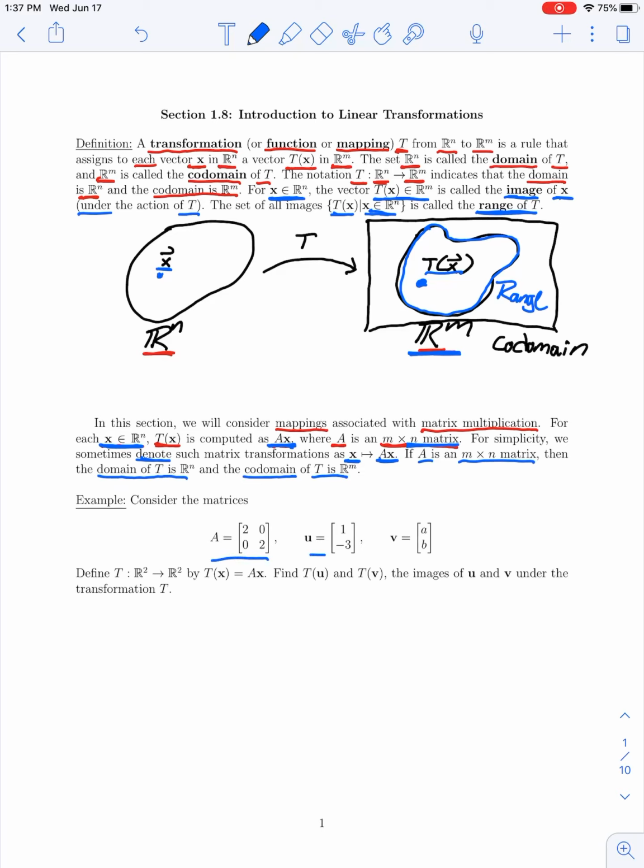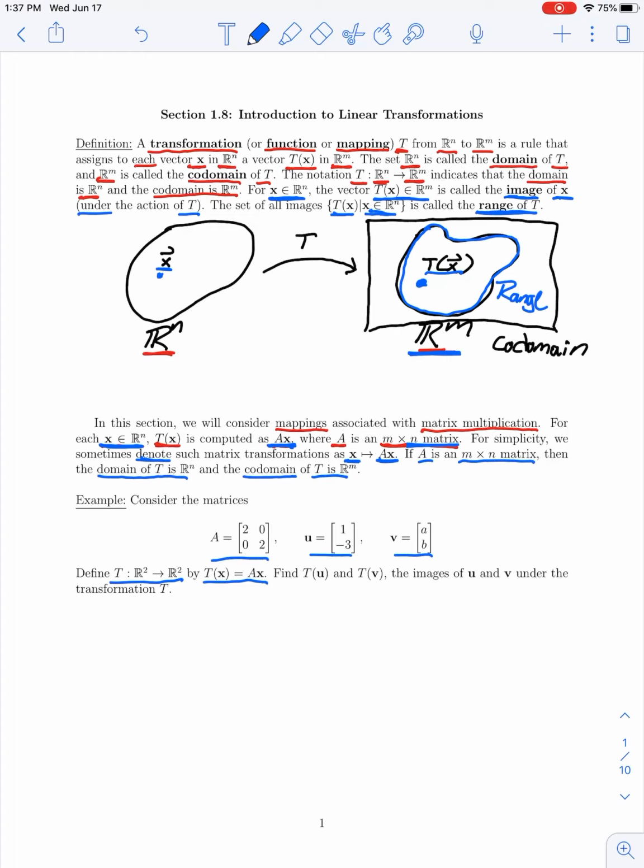And then vectors u and v, given here. We're going to define a transformation T from R2 to R2, so from the plane back into the plane, by defining T of x as the matrix A times x.